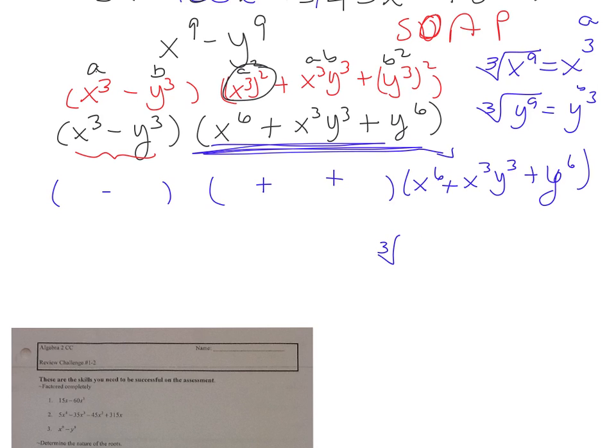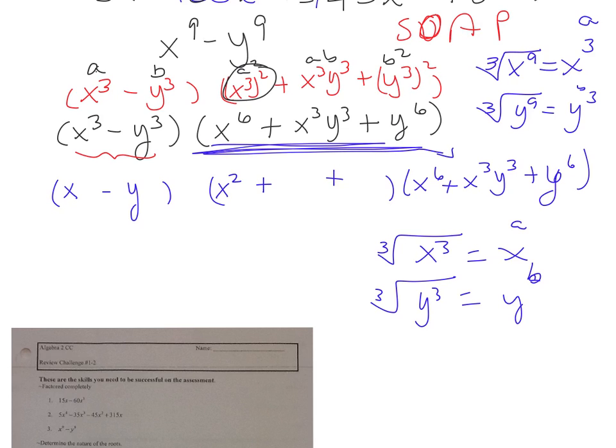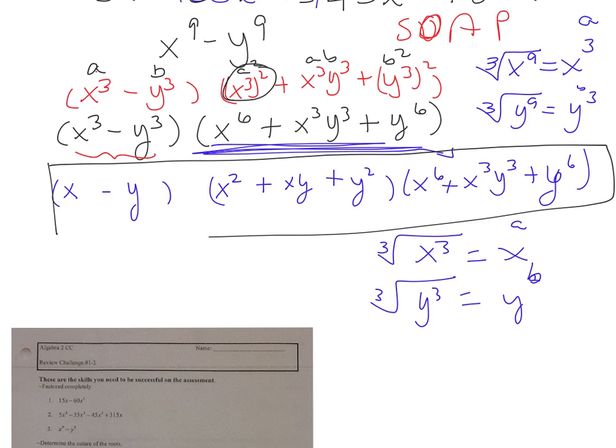And now the cube root of x to the third is x, and that's my A. The cube root of y to the third is y, and that's my B. Alright, so I need x minus y, and then x squared, y squared at the end, and then x times y. So this is my answer, this whole thing right there.